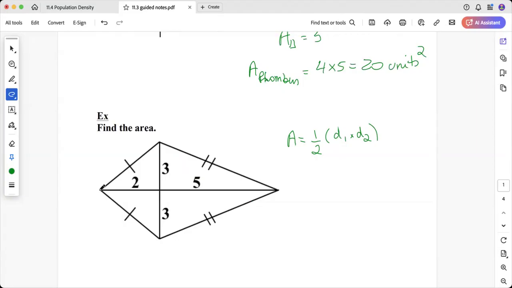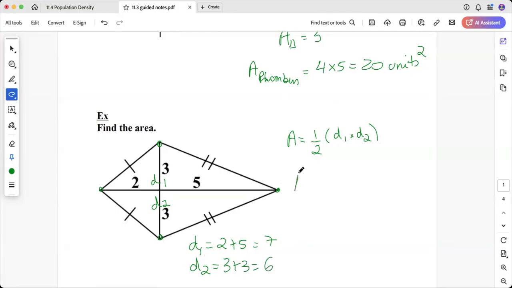Here we have this diagonal, which is 2 plus 5, so we can label this diagonal 1, and then this one, from here to here, we can label diagonal 2. Side note: diagonal 1 equals 2 plus 5, so that's 7. Diagonal 2 equals 3 plus 3, and that gives us 6.